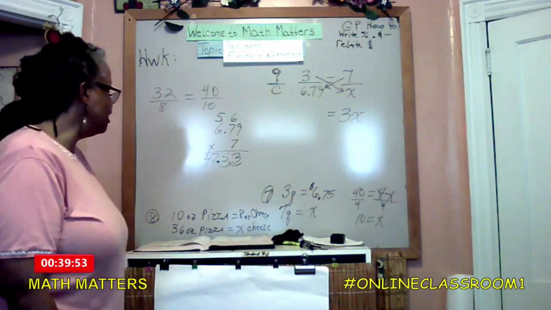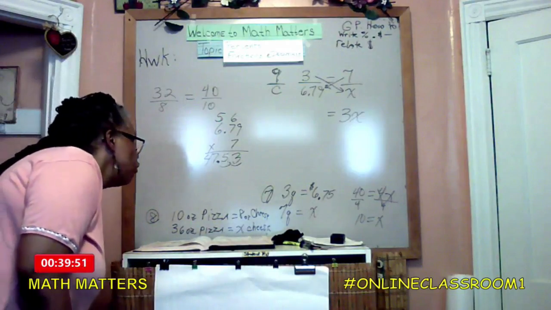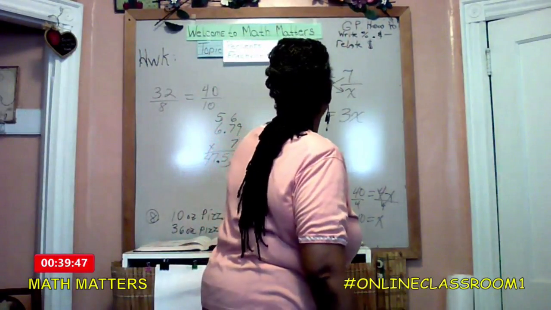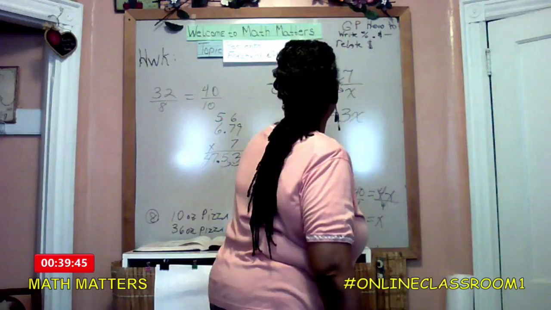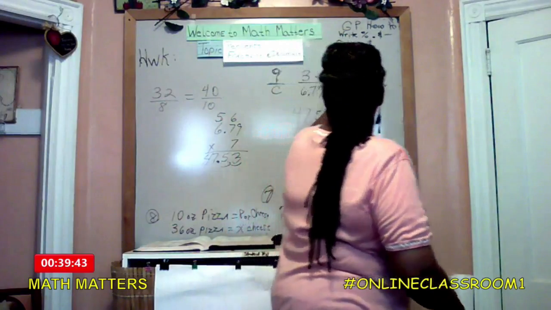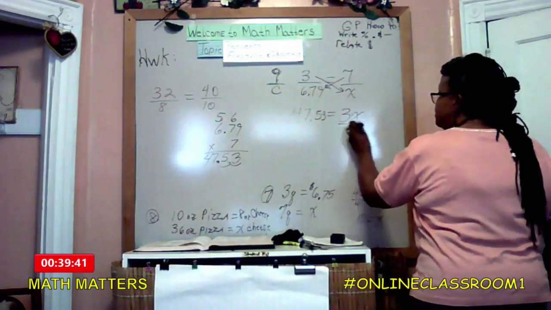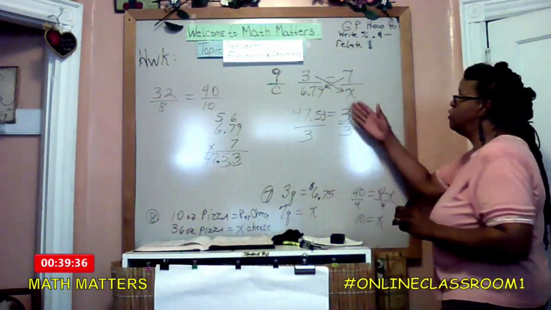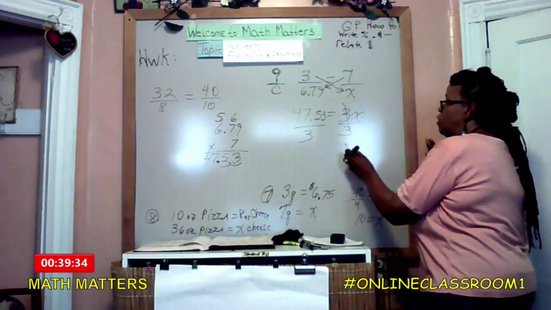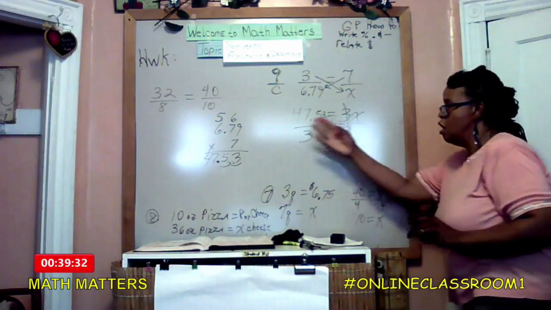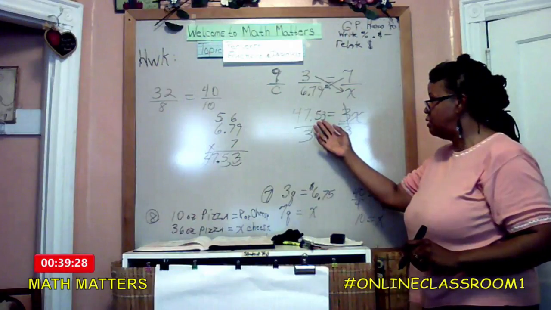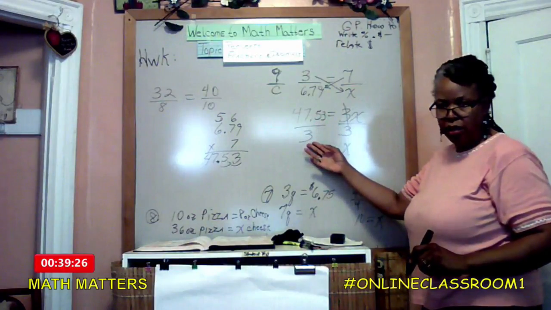Okay. Let us now put in that 47.53. And now we need to divide both sides by 3. My 3's here will cancel. I come down with 1x is equal to $47.53 divided by 3.